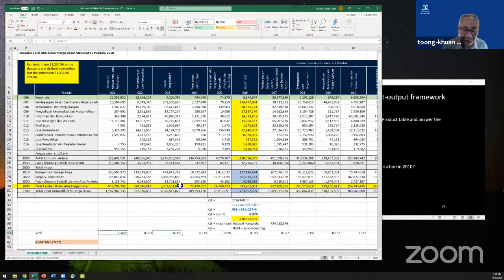Why is value add for agriculture so high? Because it's mostly done by humans. Yes, the input is mostly soil, which is given by God. Input is rain, again given by God, free, and then human labor, right? That is why your kompensasi tenaga kerja is high and your surplus usaha bruto is high.